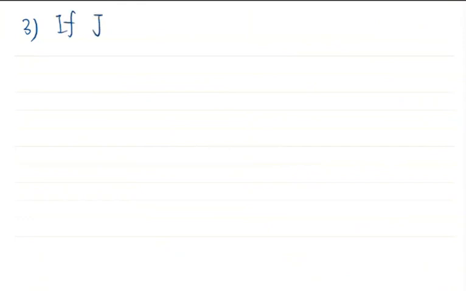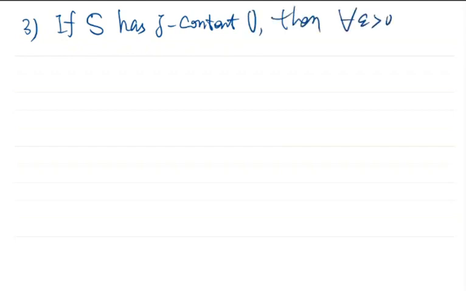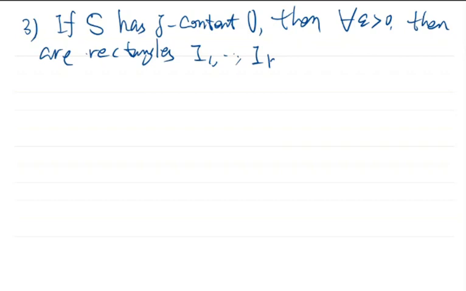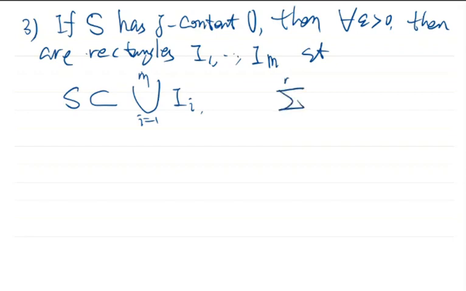If S has Jordan content 0, then for any positive epsilon, there are rectangles I_1, ..., I_m such that S is contained in the union of the rectangles, and the total volume is less than epsilon.